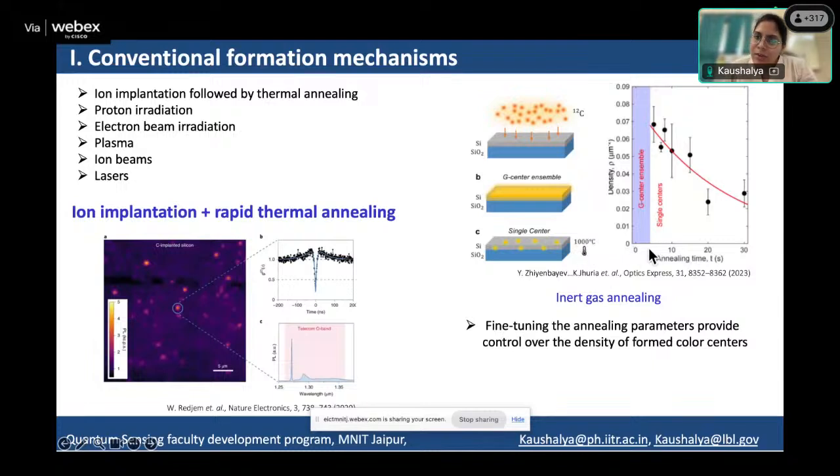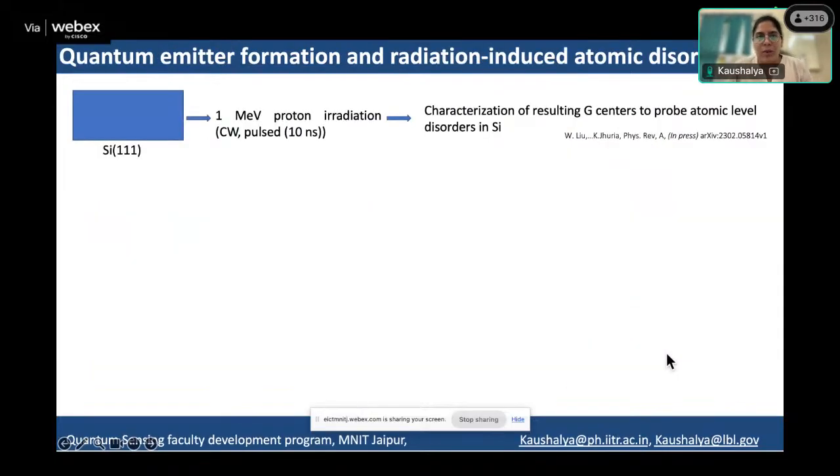If you are in this window of up to 5 seconds, then you always just make ensembles of G centers, meaning clusters of these G centers. If you are outside this window, then there is a range for the annealing time where you can get single G centers. So it gives some sort of fine tuning.